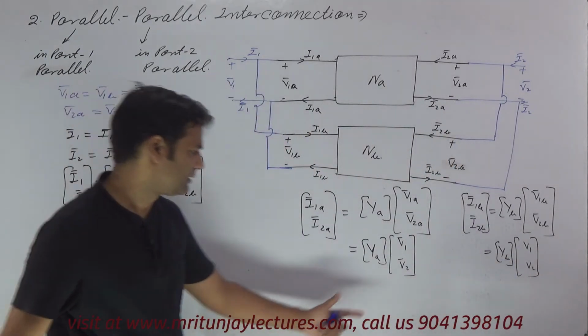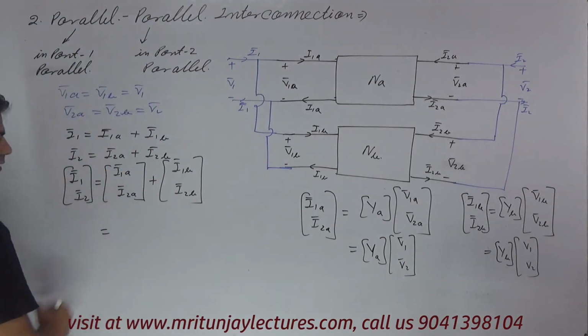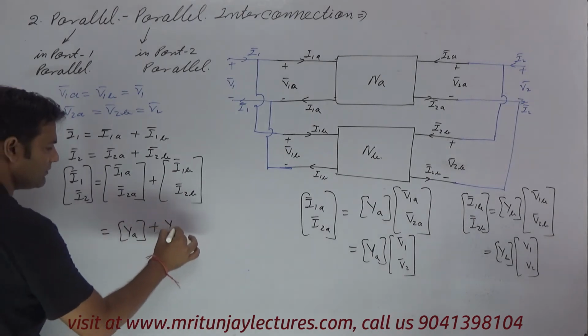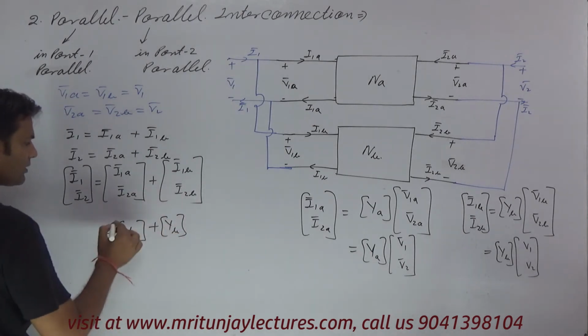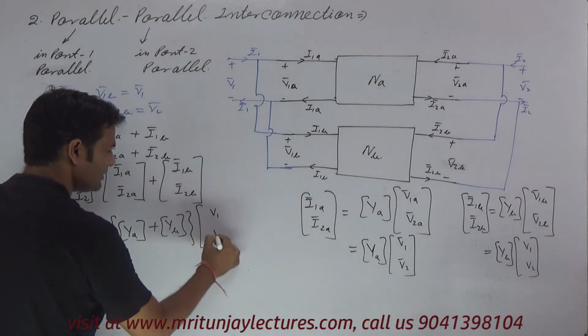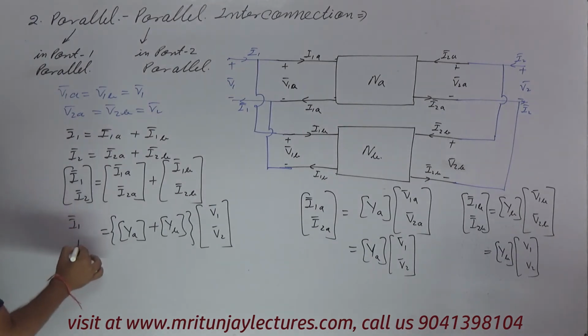Clear? This one and this one put here, we got YA plus YB, and here V1 and V2, and that is I1 and I2.